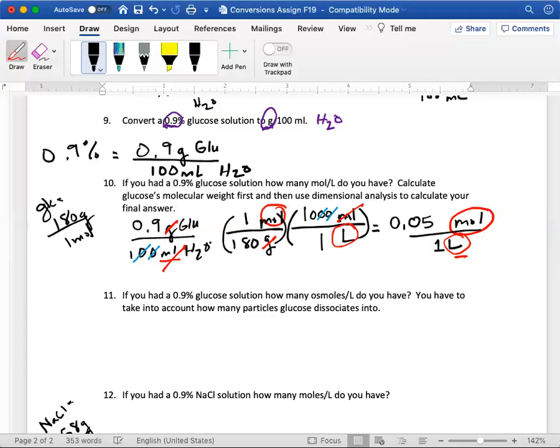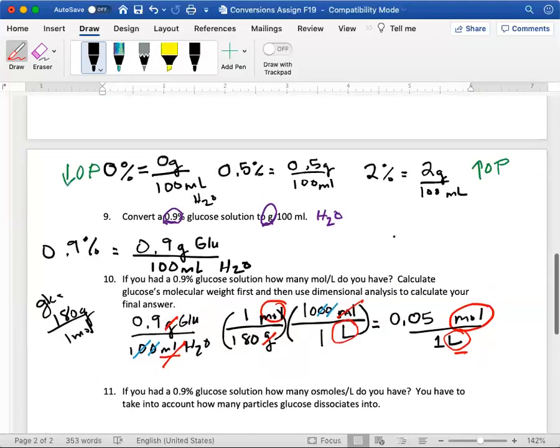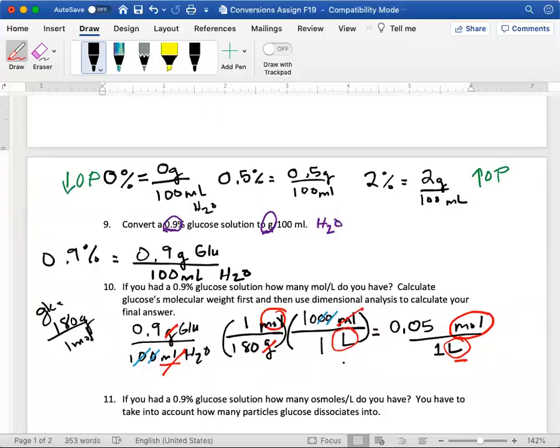Okay, so 0.9% glucose gives us 0.05 moles per liter. So that's how you would solve that. What I recommend, or what I was going to say, is once you finish going through all these, do calculations for the ones at the top. So what is a 0.5% solution going to give you as far as moles and osmoles?